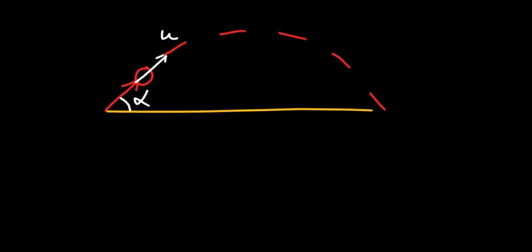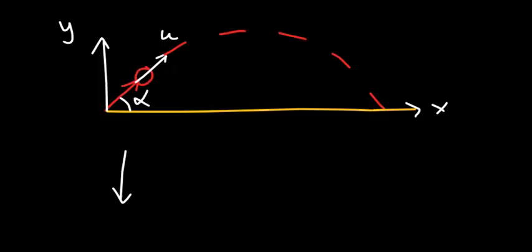Let's analyze this trajectory closer. We are going to take that to be the y-axis, that to be the x-axis. So the x-axis coincides with the ground. This is a motion in gravity, which means gravity acts only vertically downward. That is the only direction for the acceleration of this object.